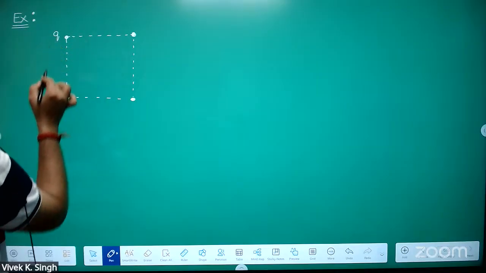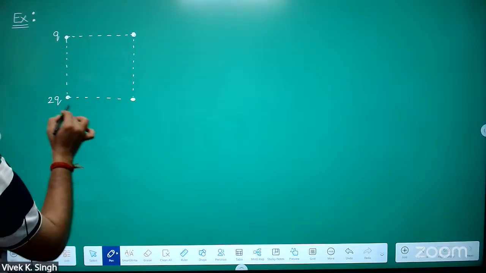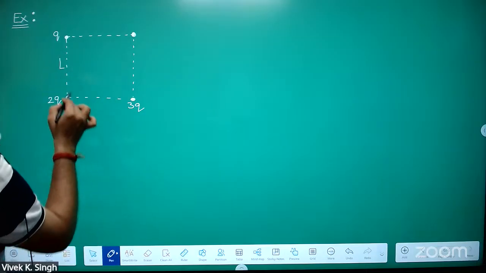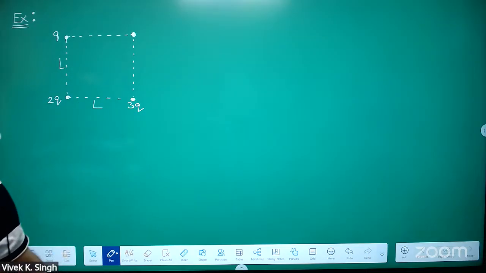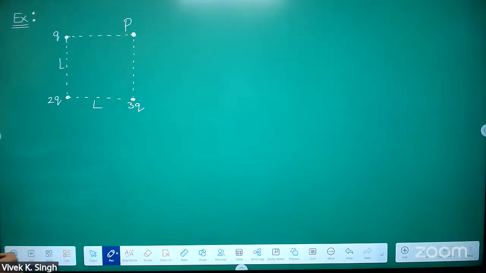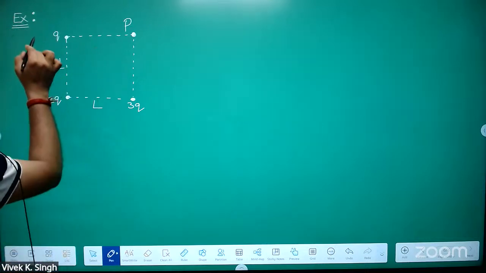This is Q, this is 2Q, and this is 3Q. This is L, and this is also L distance away. What will be the electric field at the fourth corner?